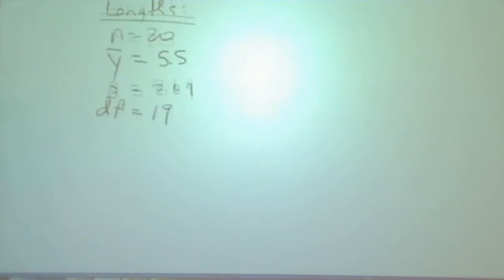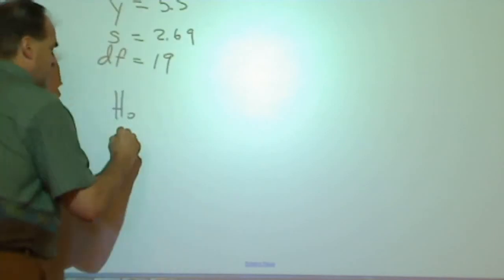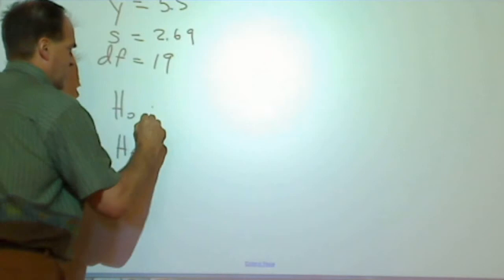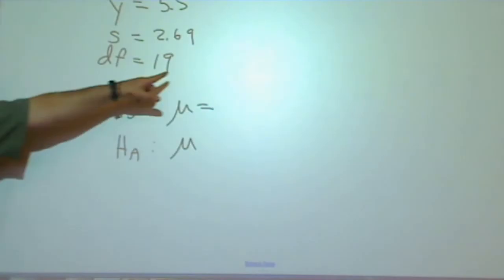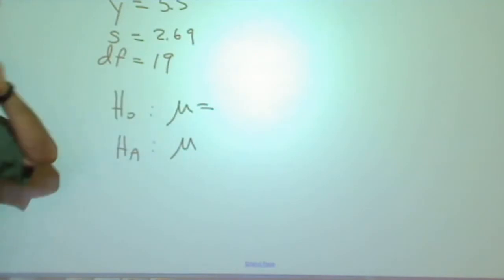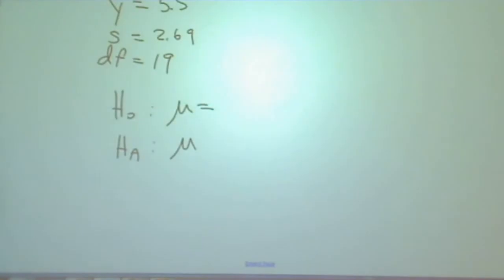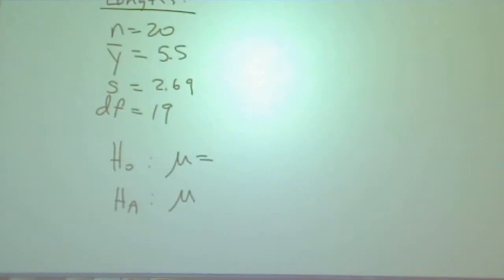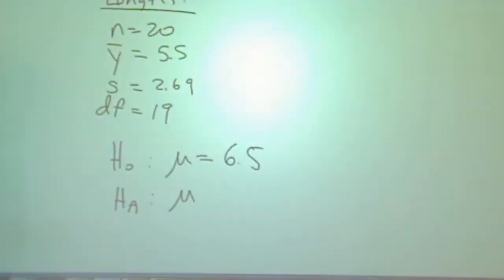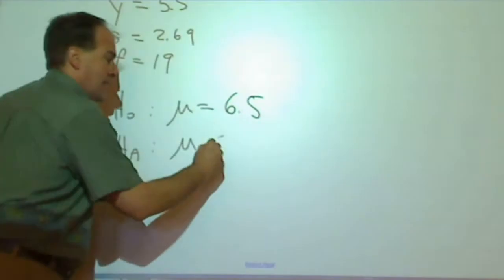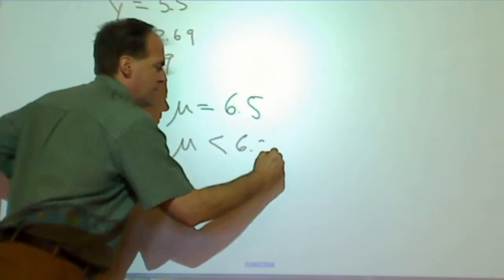Question. So we've got a null and an alternate. Quantitative, so we're not doing proportions anymore, we're talking means. So what's my null? Equal to 6.5, that we met the goal. And then he thinks possibly we didn't meet the goal. So is everybody good with less than 6.5?